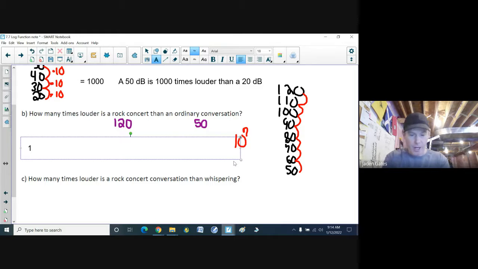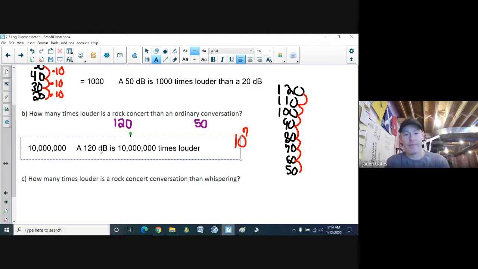I end up with 7 zeros. Of course, that's the log. Which is 10 million.